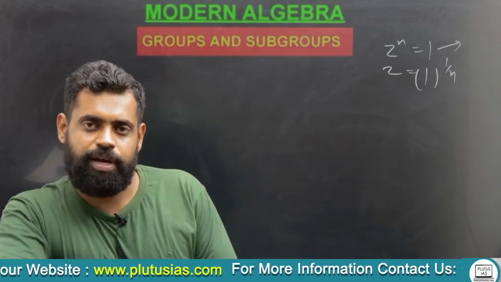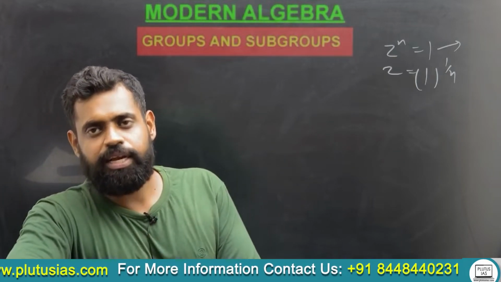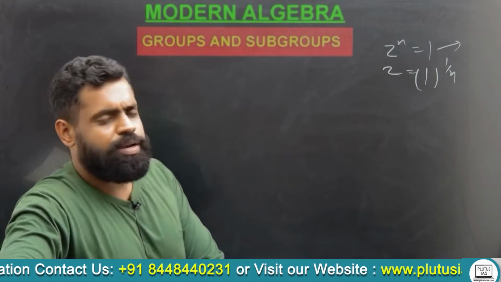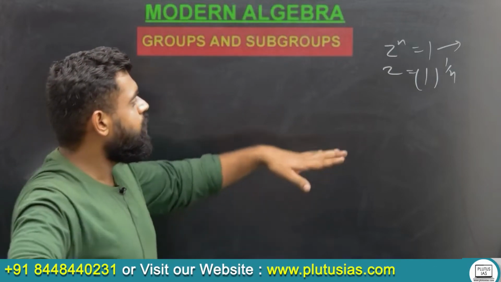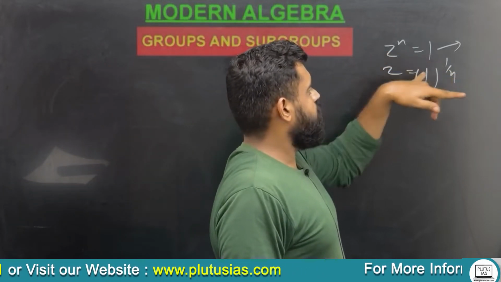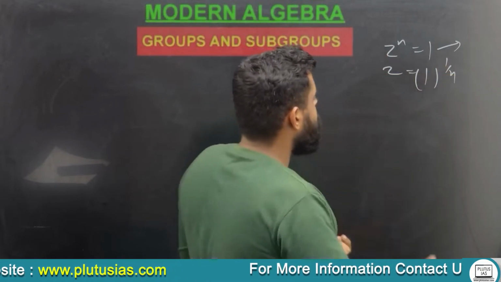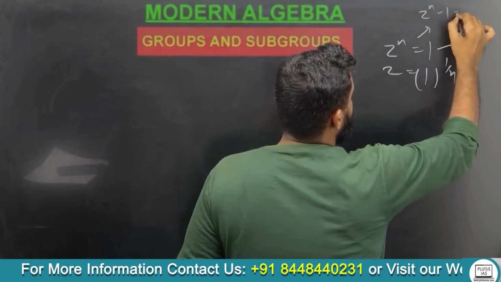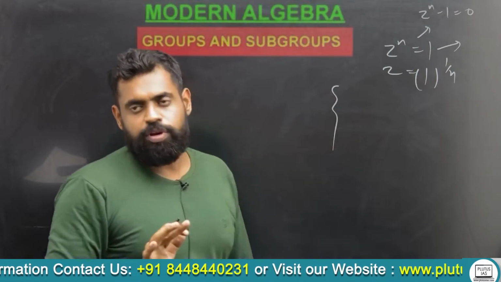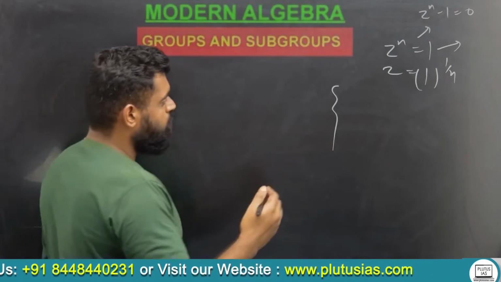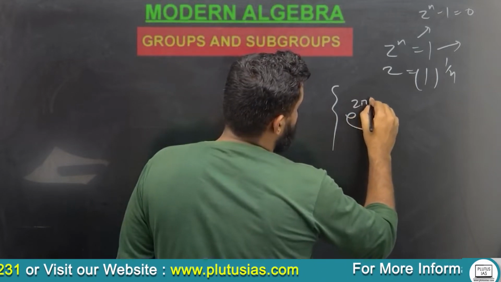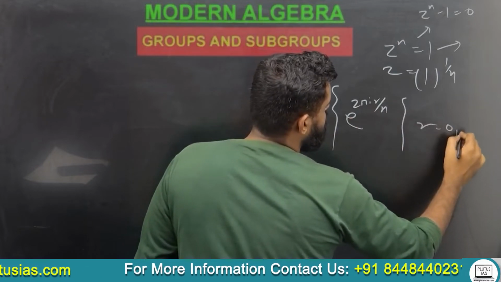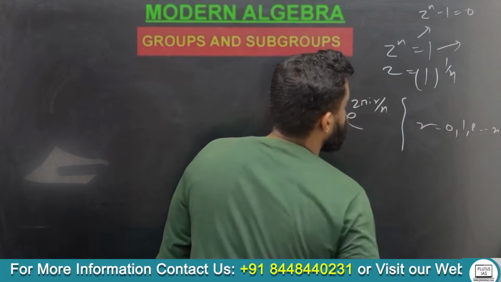You may have studied this while preparing for IIT JEE Advanced at your intermediate level, but it's not basically mentioned in the NCERT books. So I'll tell you this way: z to the power n equal to 1, then z equal to 1 to the power 1 by n. Since this is a polynomial of degree n, it must have n roots, that is e to the power 2 pi i r upon n, where r is equal to 0, 1, 2, up to n minus 1.